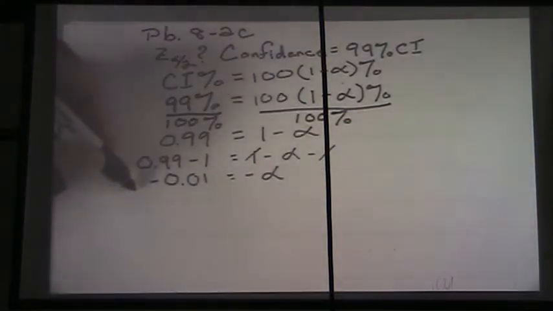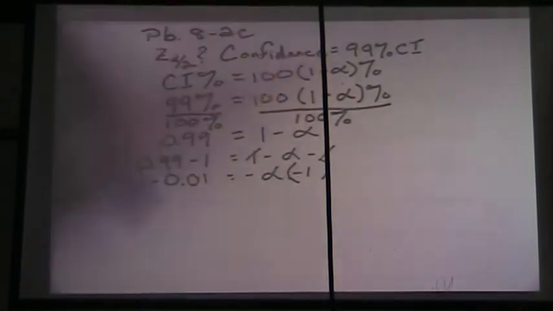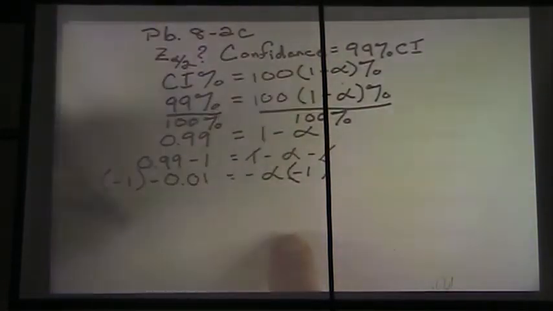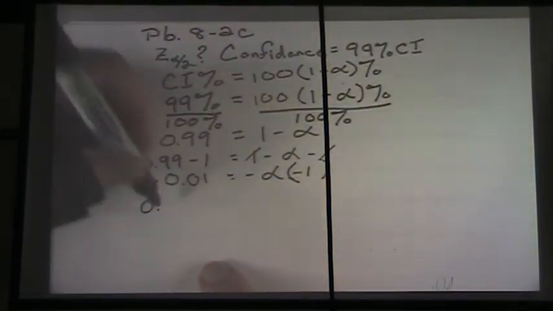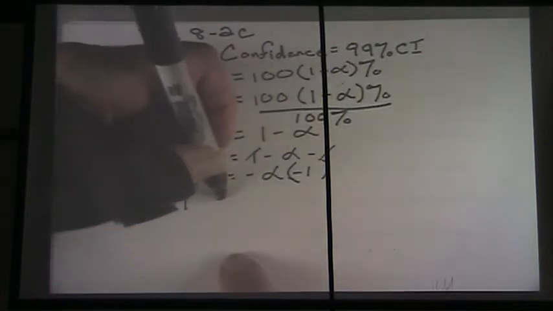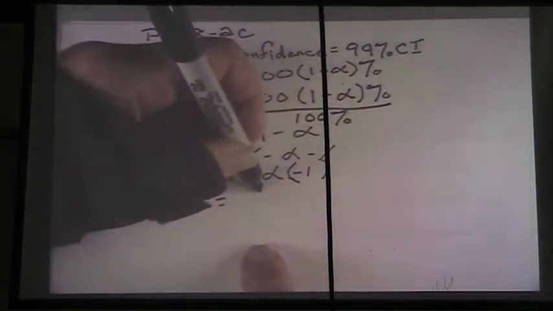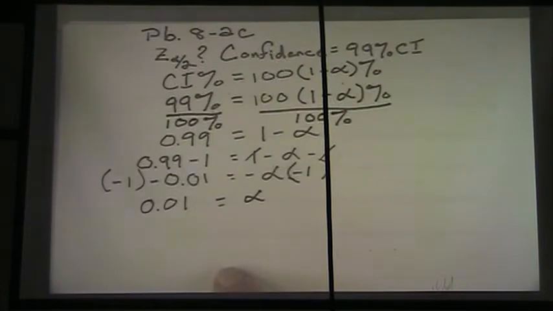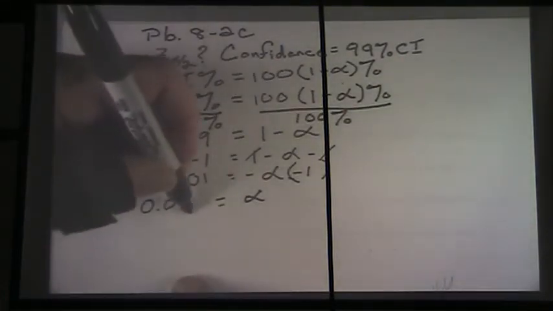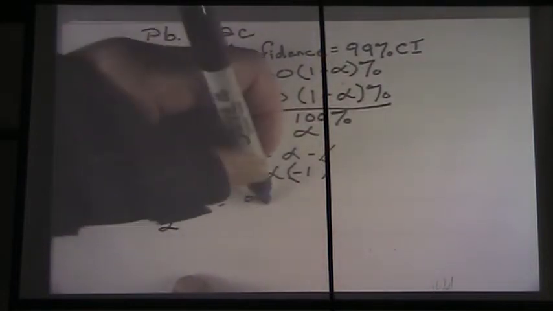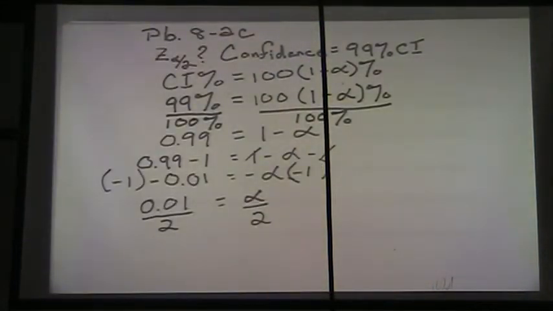I multiply through by negative 1, and I get 0.01 equals alpha. I am then going to divide both sides by 2, right?